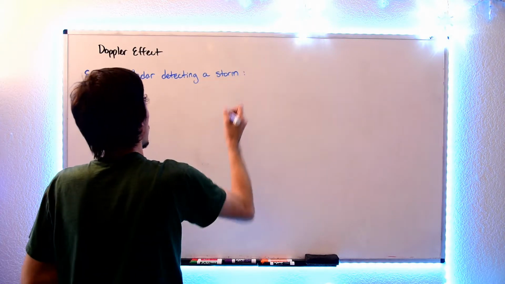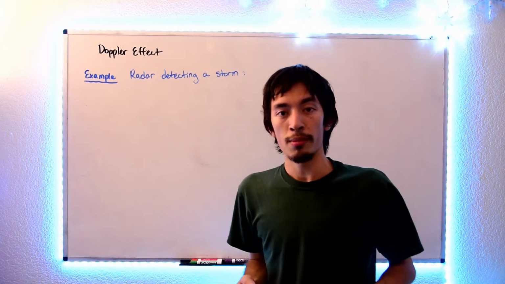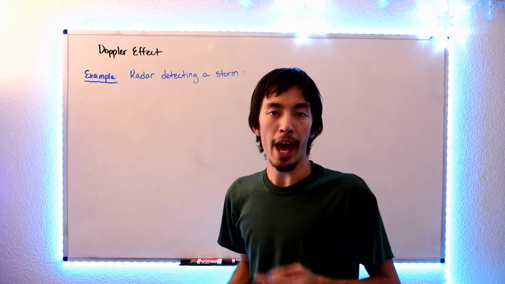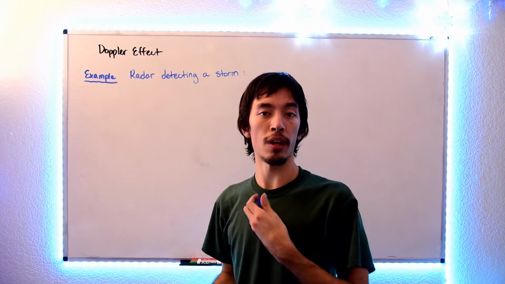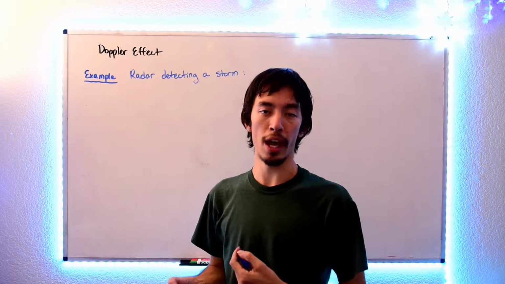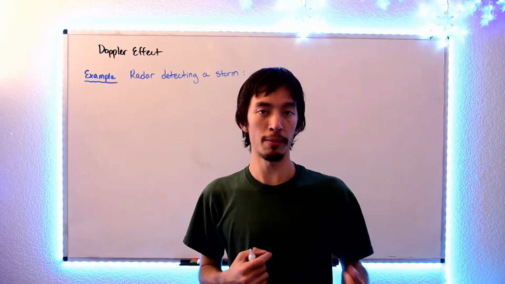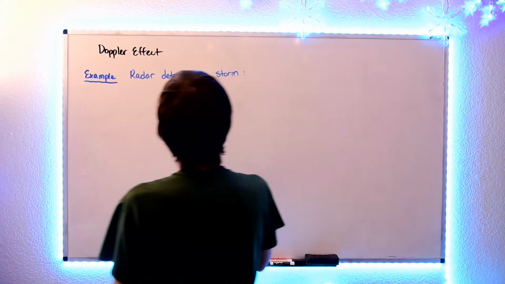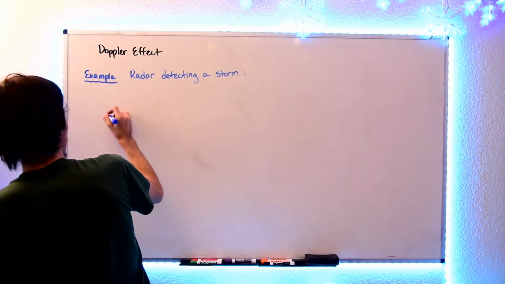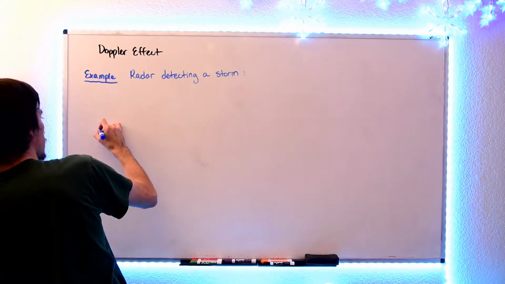Sometimes you'll see on apps, on television, etc., a radar app that shows how strong rainfall is in any particular location. And so let's say that you have this radar system.